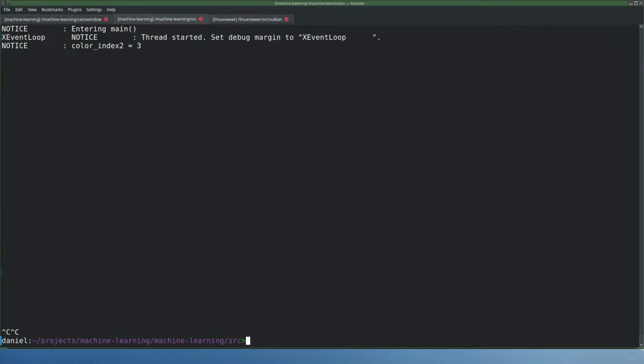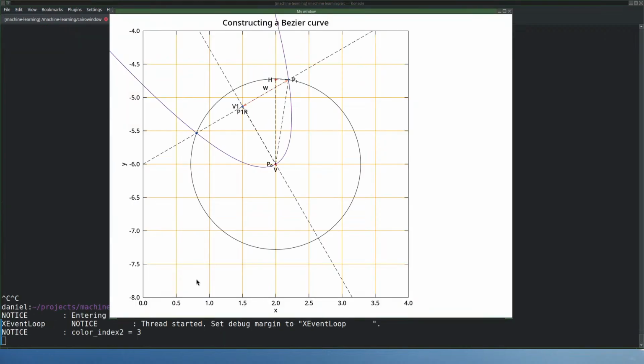Control C. So I think this is S is 0. So at S is 0, P0 is in the vertex. And then P1 is exactly at this point. So W from the symmetry line and a distance of 1 up. So that's the Pythagoras rule. Super simple, well, in terms of image.